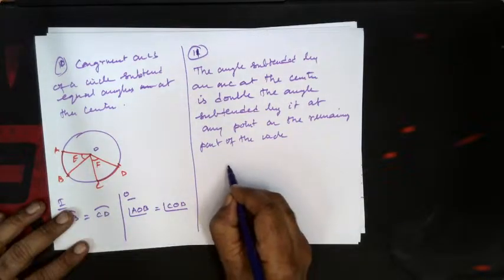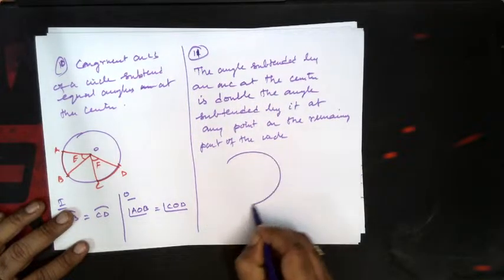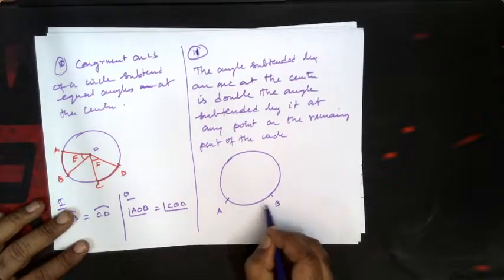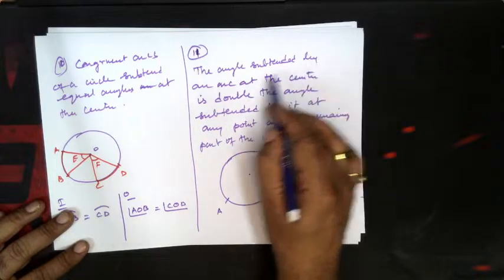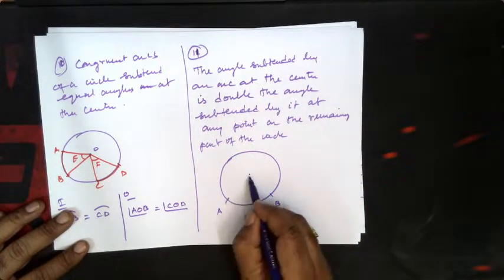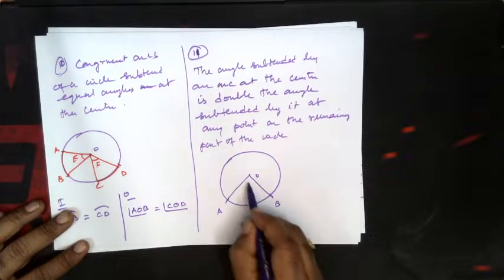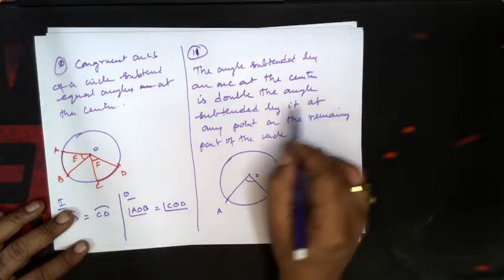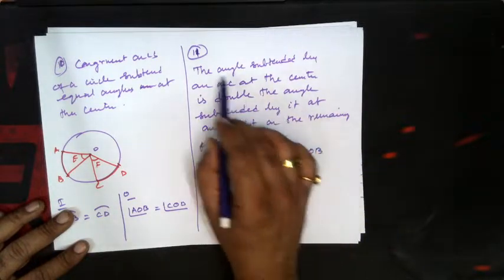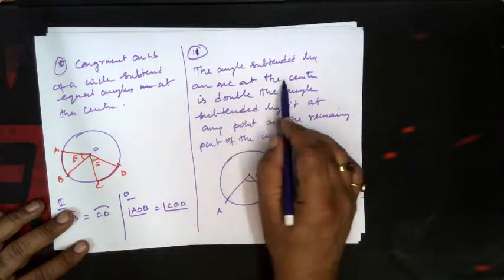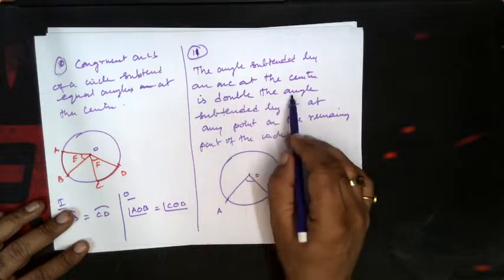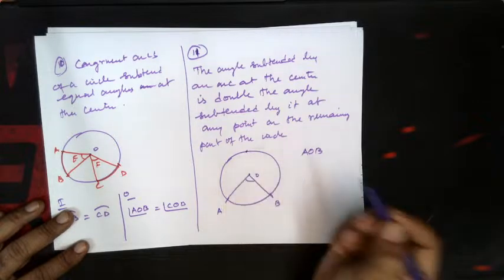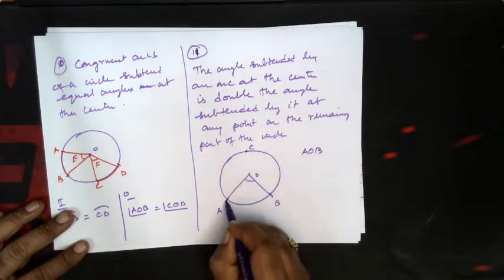So you have the angle subtended by an arc. Okay, let me consider this is A, B. This is the center. The angle subtended by an arc at the center means O, that is AOB. Do you understand? Subtended by it on any point means any point can be here. Say on arc AB, this can be C. Draw this.